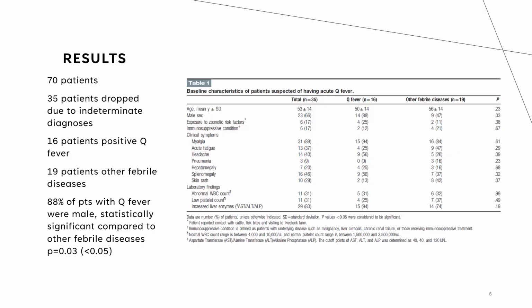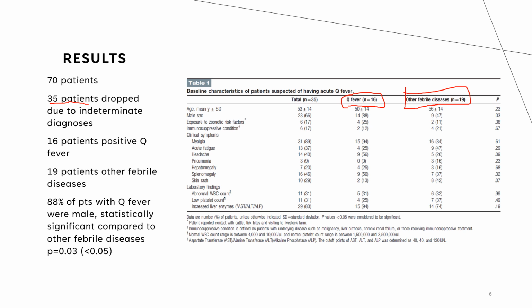The results of the study were that 70 patients were initially enrolled, but then 35 patients had to be dropped due to indeterminate diagnosis. 16 patients out of those 35 were positive for Q fever, and the rest, 19 patients, had other febrile diseases.